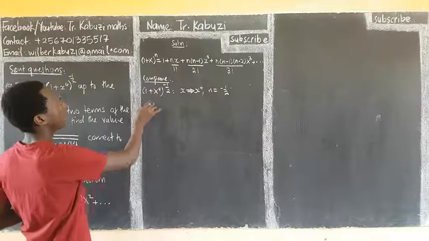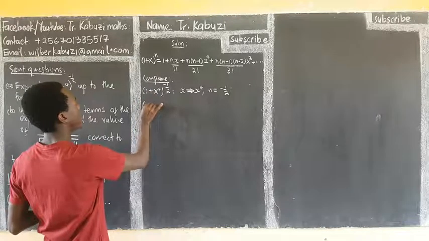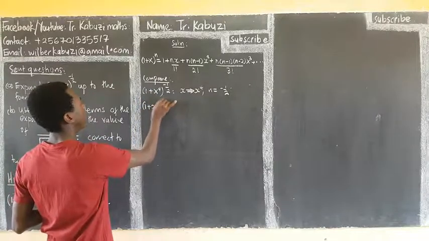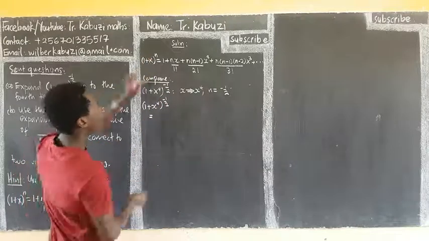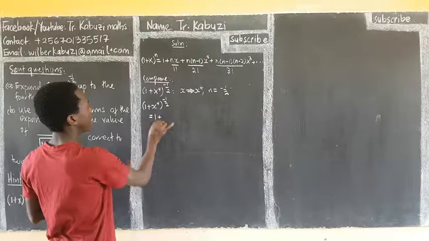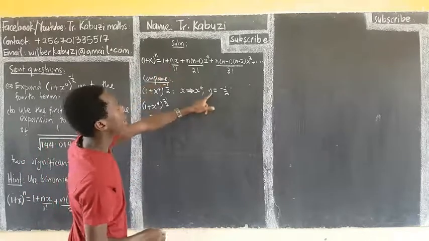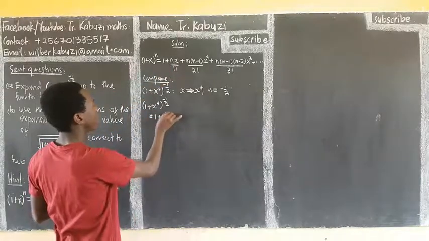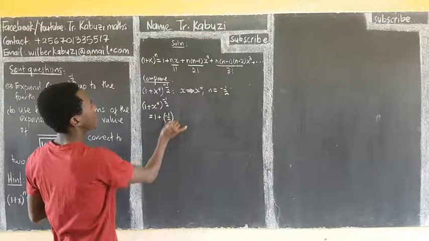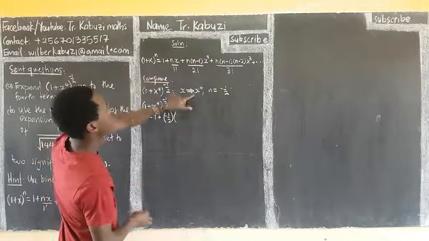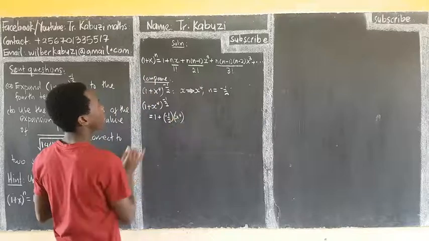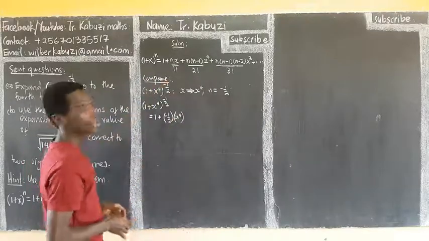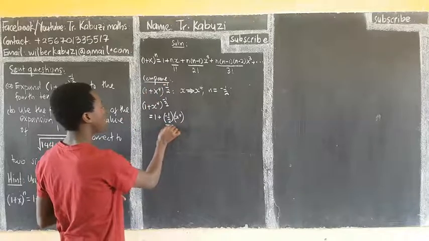So now (1 + x^4)^(-1/2) is going to be equal to 1, then plus my n, which is negative a half, into my x, which is x^4, over 1 factorial, and 1 factorial is 1.